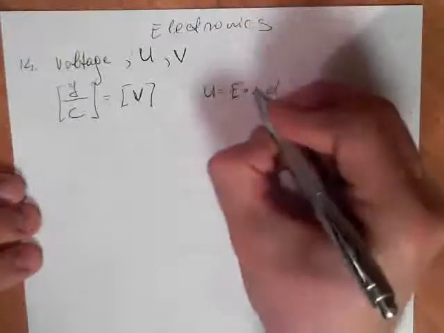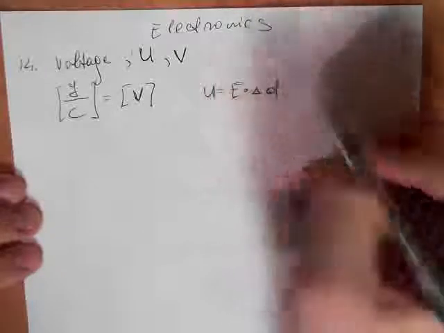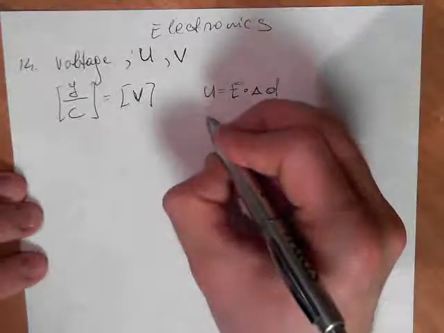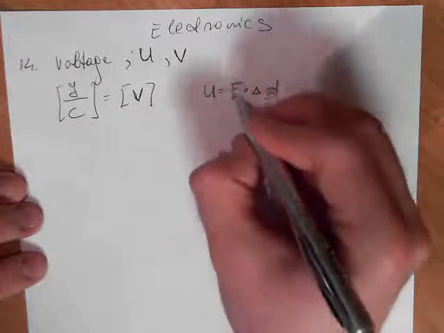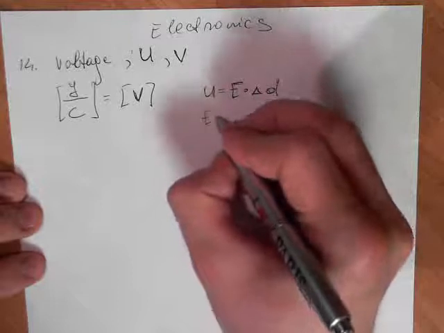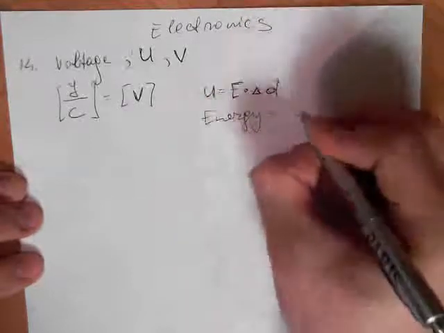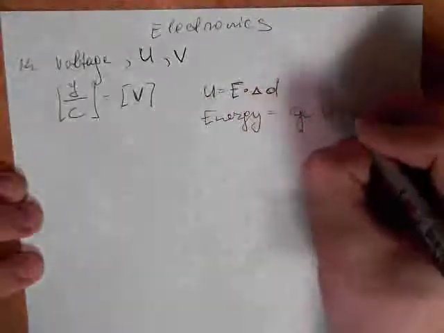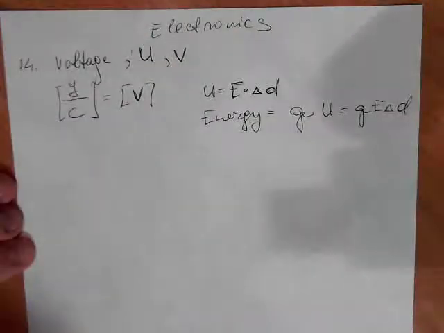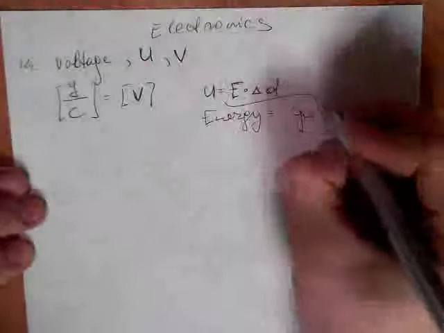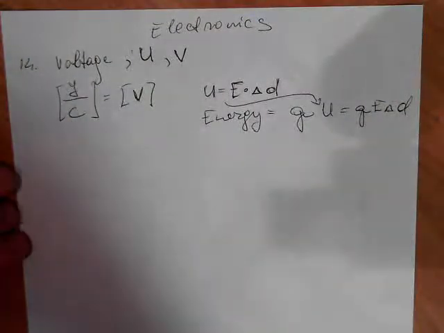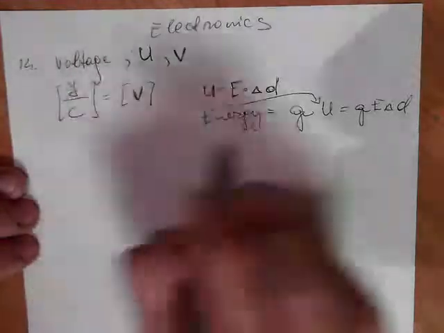We can call it potential energy, and energy is equal to Q times U, or Q times E times delta D. So this charge moves in the electric field.